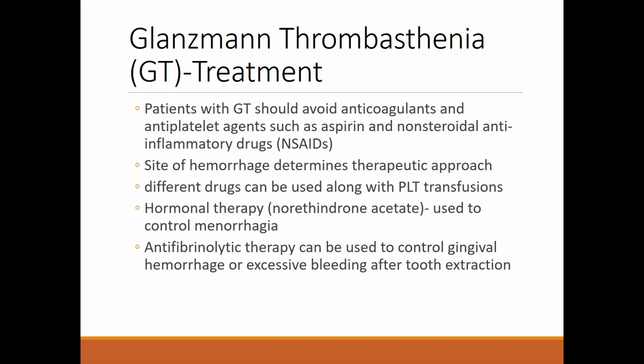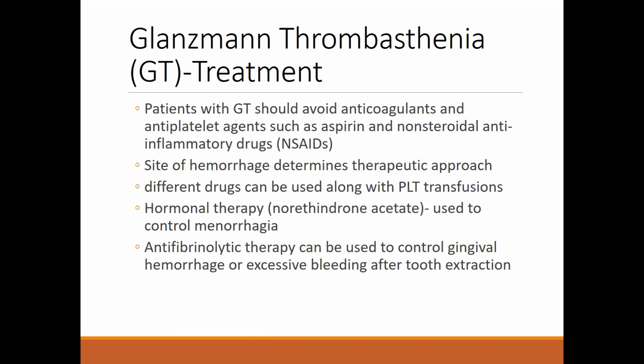At all times, patients that have this condition should avoid anticoagulants and antiplatelet agents such as aspirin and the non-steroidal anti-inflammatory drugs. There are a variety of treatments that have been used successfully to prevent the bleeding in combination with these platelet transfusions that we have to give these patients.